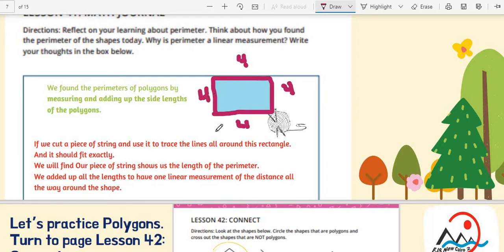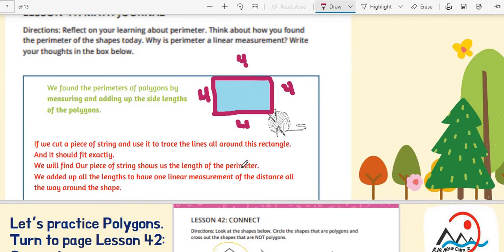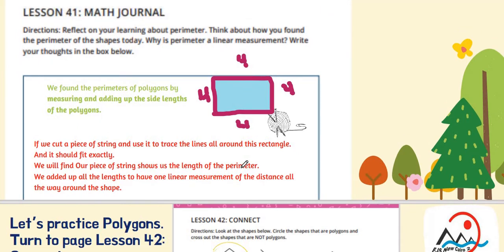Miss Shayma, we will get the length of this string. It will be 4 plus 4 plus 4 plus 4. Yes, 16. The length of the string shows us the length of the perimeter.